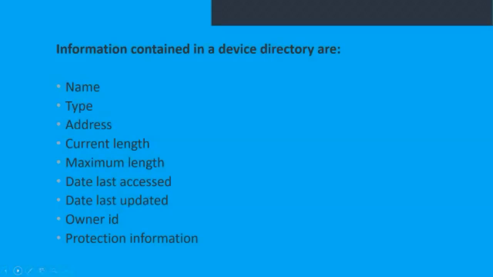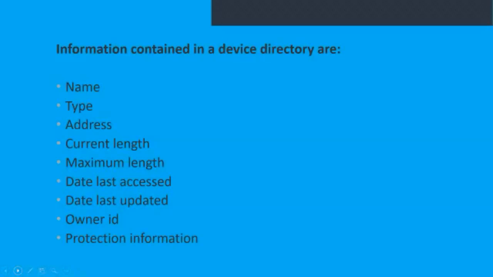In protection information, what kind of security scheme the folder or the directory has is displayed. Owner ID displays the owner information.